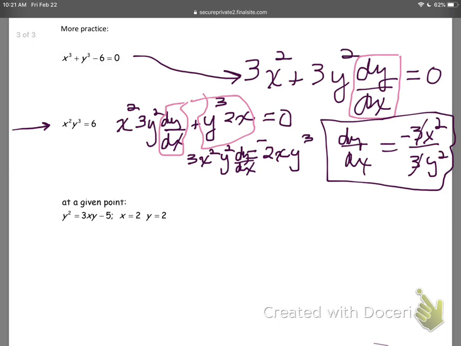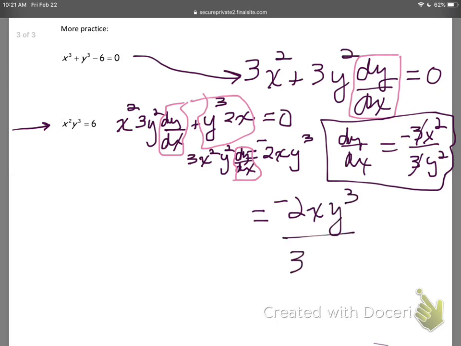Okay, so I want to get dy dx by itself. I'm getting closer. So divide both sides by whatever is attached to dy dx. So I have negative 2x y cubed divided by positive 3x squared y squared. And that's what dy dx would be.